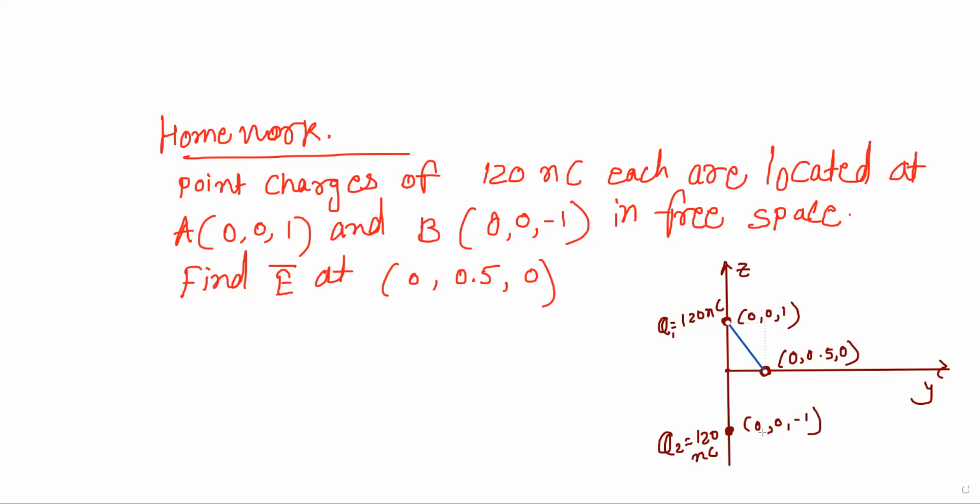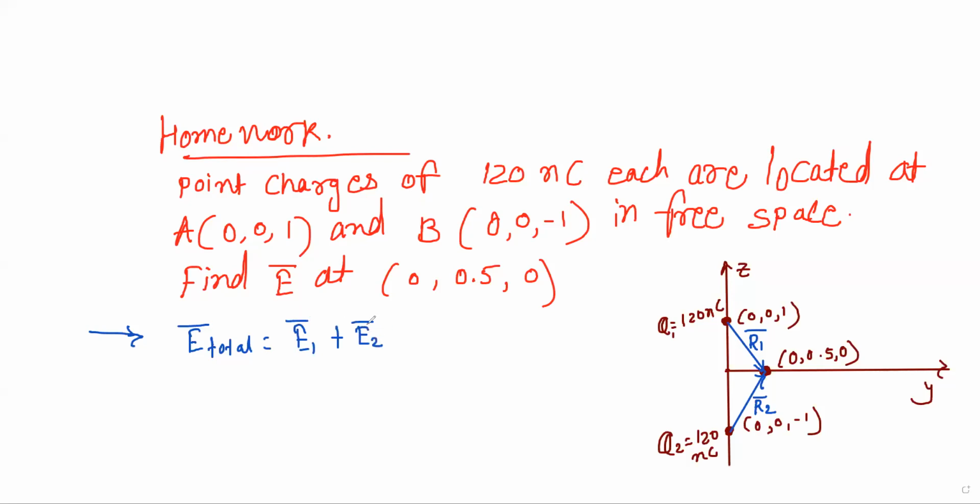So this is the first electric field and this is the second electric field. You have to find these electric fields. Let's say this is R1 and this is R2. As the answer, the total electric field intensity E bar total, as per the principle of superposition, is E1 bar plus E2 bar.